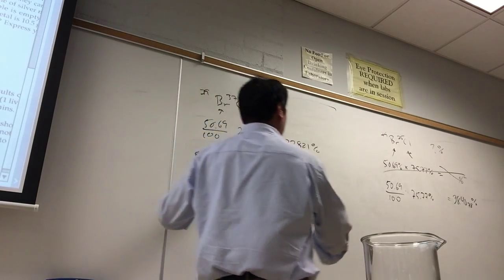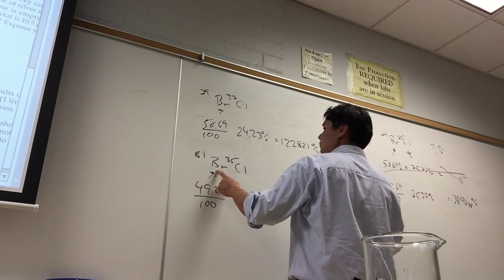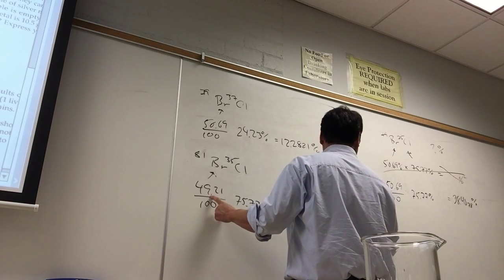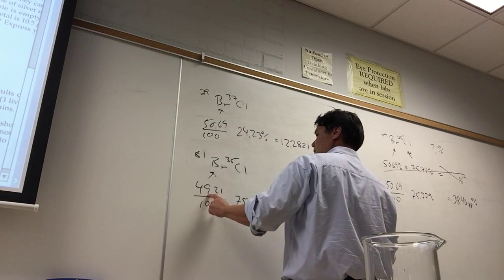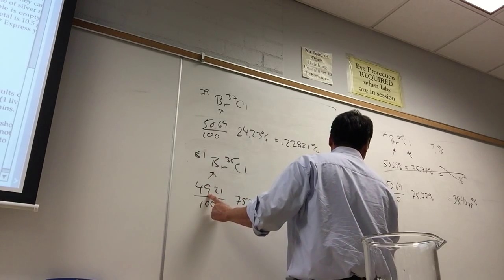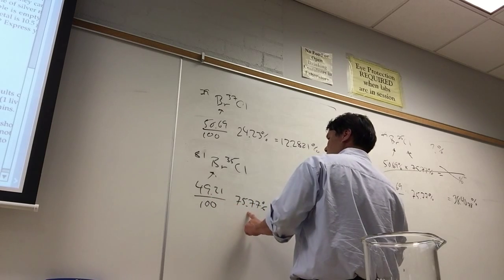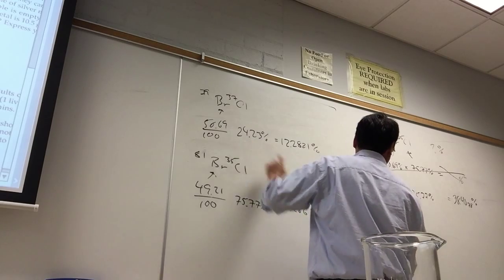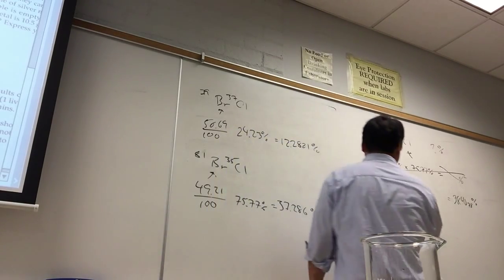And then finally, the last one is bromine 81 with chlorine 37. 49.21 out of 100 parts will be of this percentage, 24.23%, which gives me 11.923.